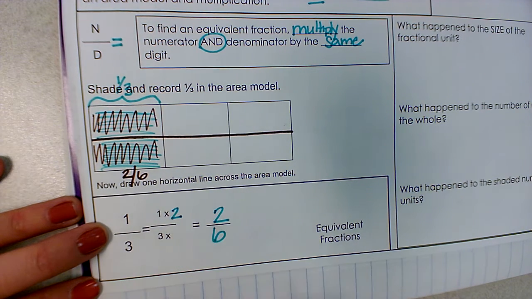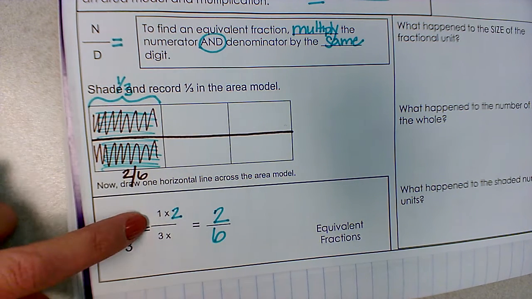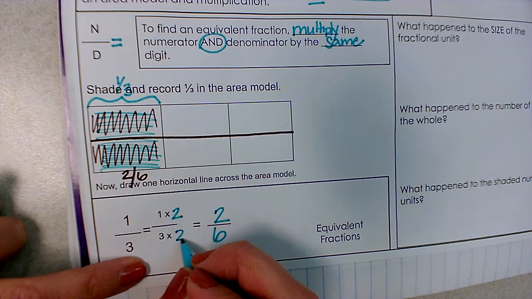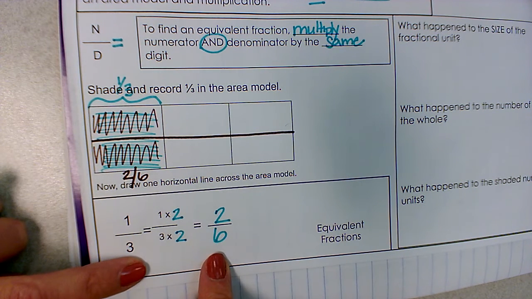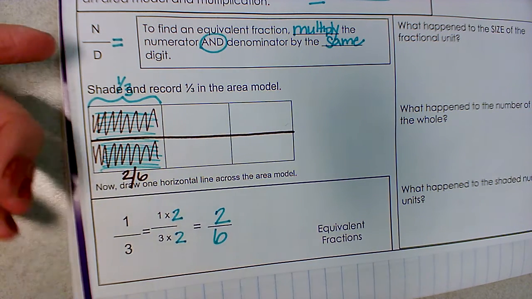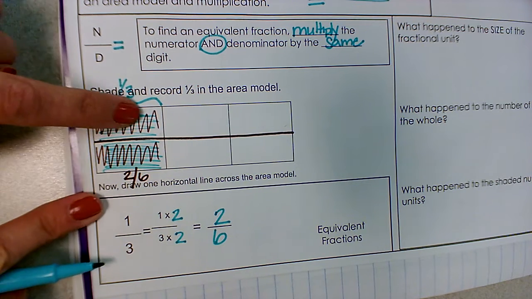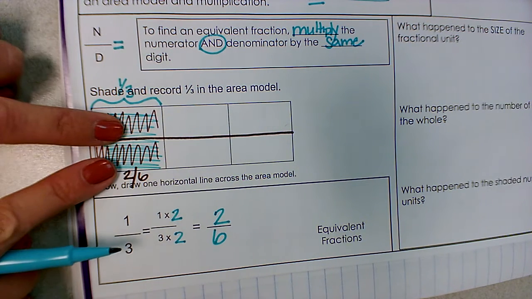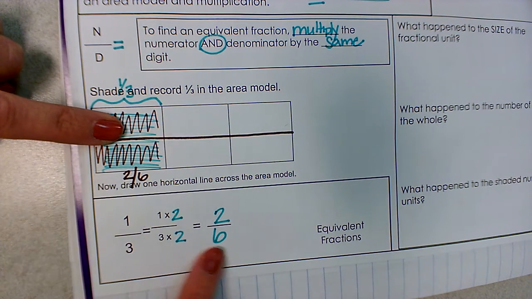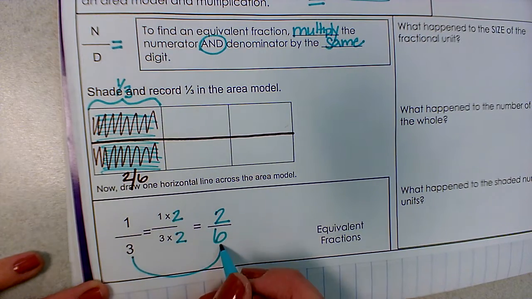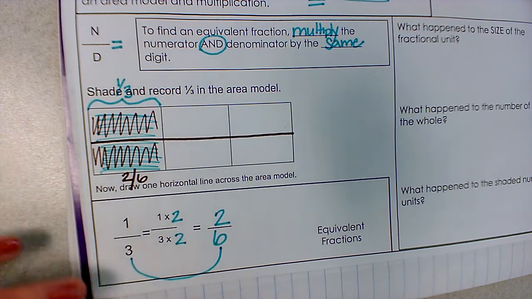Oh, 1 times 2. And if I did it on the numerator, I have to do it at the denominator, so that means 3 times 2, and that indeed equals 6. Now the reason that I multiplied it by 2 when I look at my area model is because I took one piece and I turned it into 2. So I made those equivalent fractions. That means that 1/3 is equal to 2/6.